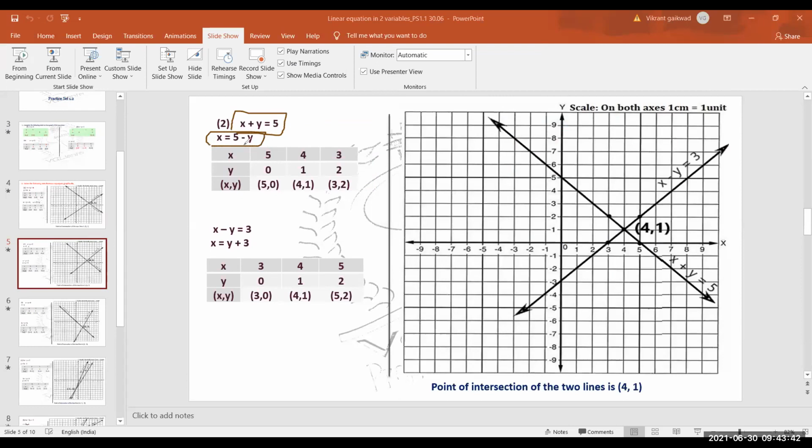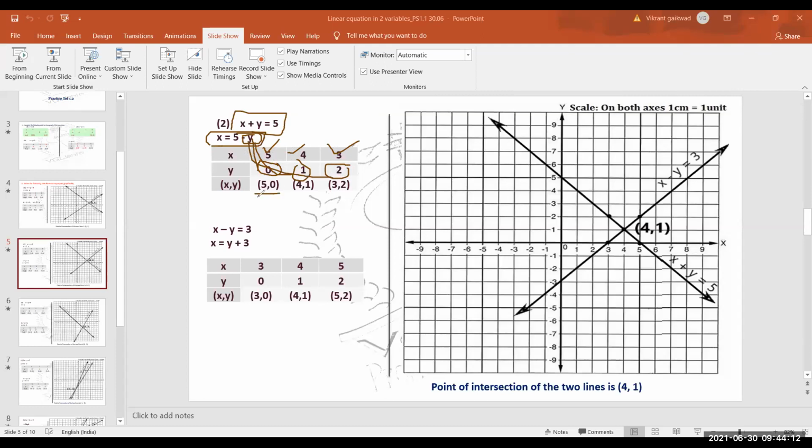After that, you'll substitute in place of y the values 0, 1, 2. When you substitute 0 in place of y, you get x as 5. Once you substitute y as 1, you get x as 4. And once you substitute y as 2, you get x as 3. So you've got all the values of x after substituting y.